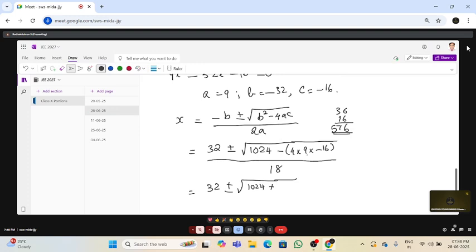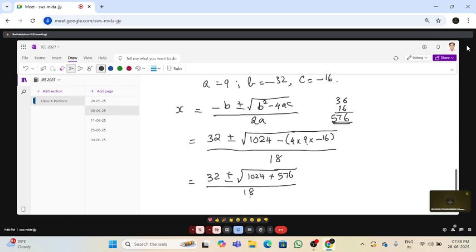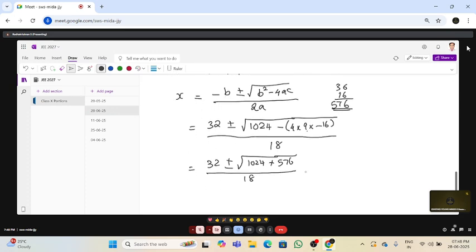Okay. And 2a. So that will be 32 plus or minus square root of 1600 divided by 18.